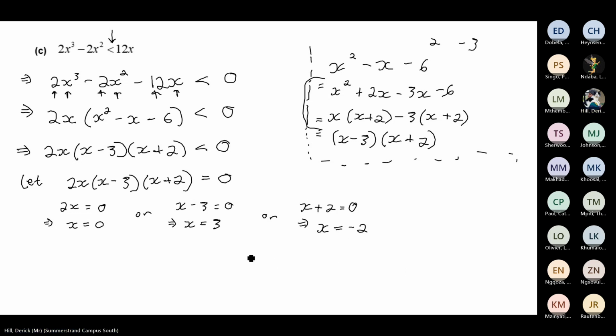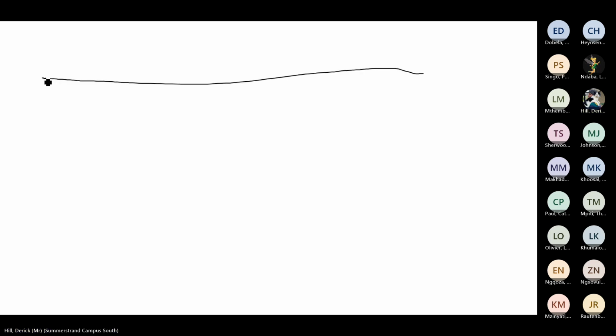So let us actually start a new slide. We've got x is equal to 0, x is equal to 3, and x is equal to minus 2. So let's draw a number line. And imagine that this line is straight. And we're going to plug in those values.